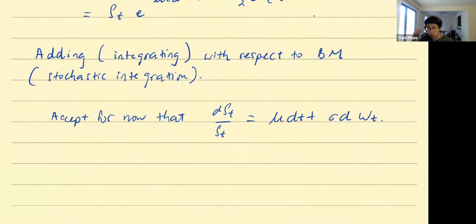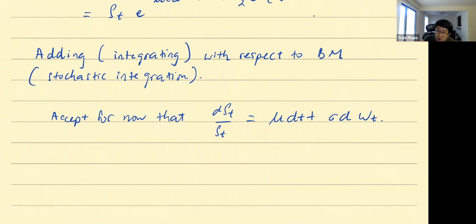I don't want to introduce more letters, that just makes it more complicated. But this is not the exact factor in relation to, say, log return and that kind of thing.